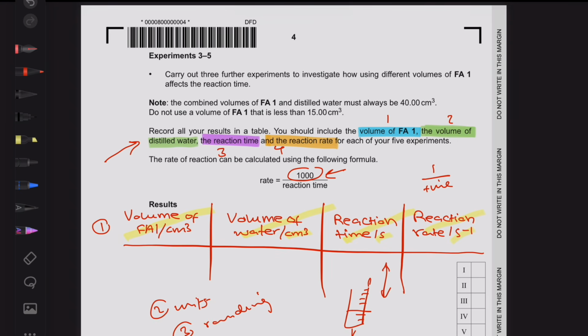So if you were to give one piece of data for your time to the nearest second, all of your results must be to the nearest second for your time. They also asked for your volume of water and FA1 to be to the nearest 2 decimal places, and to end with either 0.0 or 0.5. The reason for this being the fact that you can only measure to the nearest 0.5 centimeters cubed.